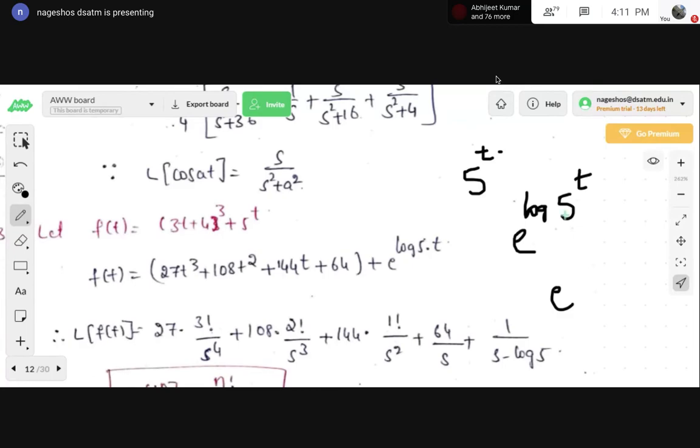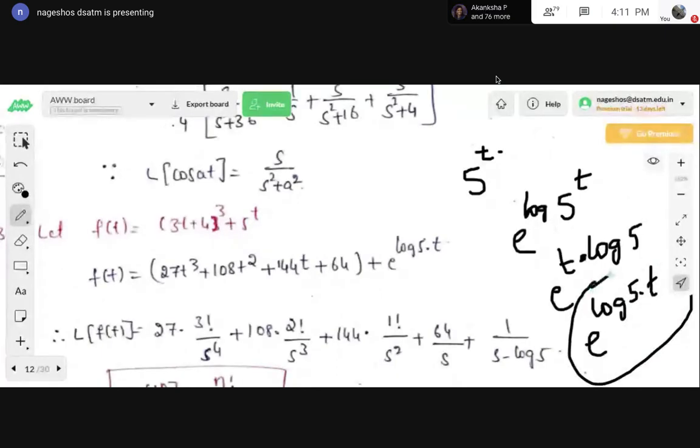You can also write this as t into log 5, both are same, or e power log 5 into t. Any number to the power of t, you have to reduce it to exponential. Here I have written how to reduce this, you can see.